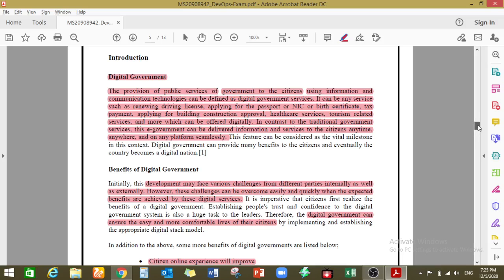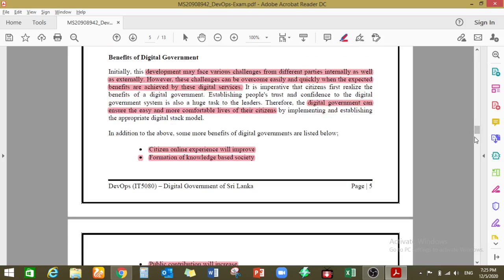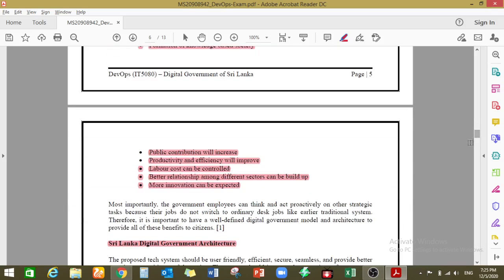It has a number of benefits, such as the citizen online experience will improve, formation of a knowledge-based society, public contribution will increase, productivity and efficiency will improve, labor cost can be cut down, better relationships can be formed among the different government sectors and the business, and it can lead to more innovation also.